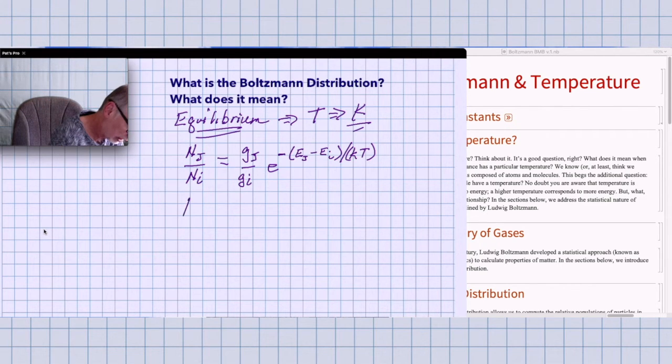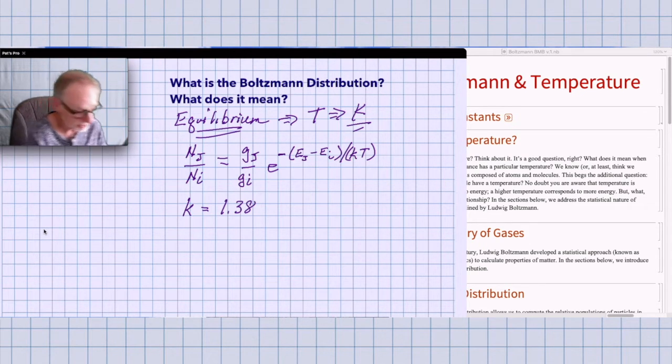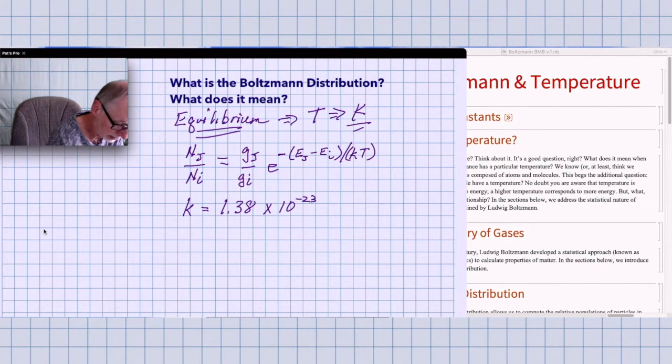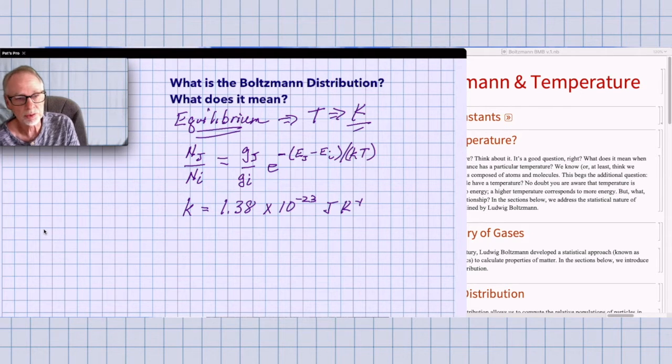K, the Boltzmann constant, with 3 sig figs is 1.38 times 10 to the minus 23, and the units are joules per kelvin. All right, so that's what we've got here.